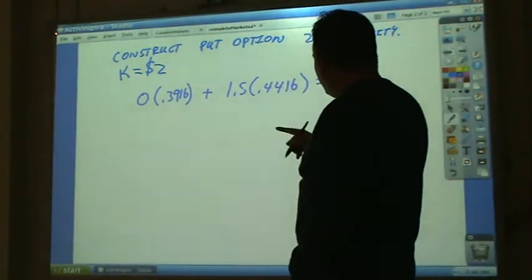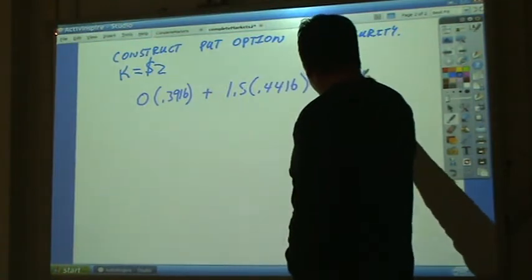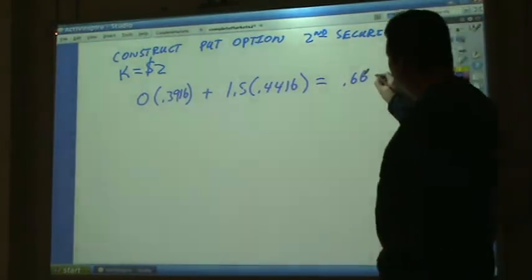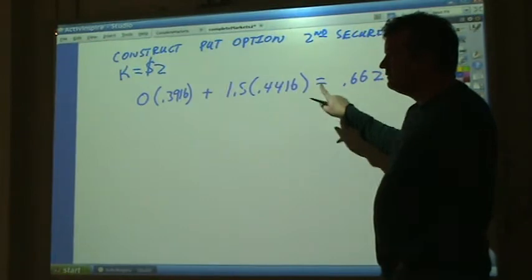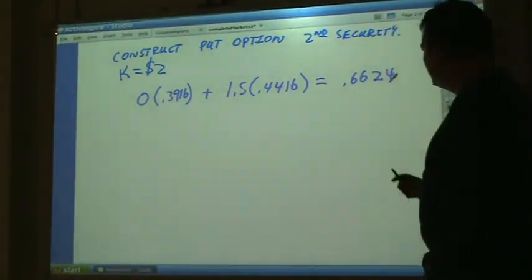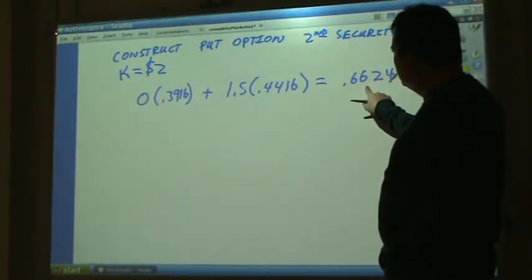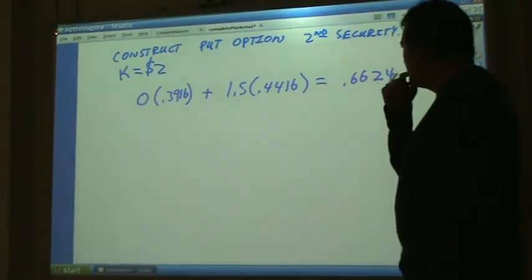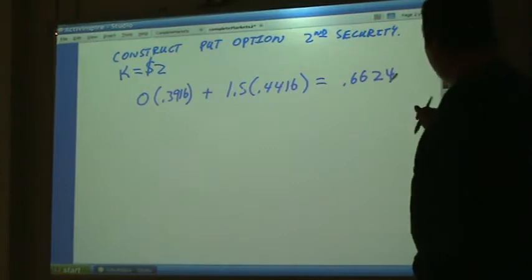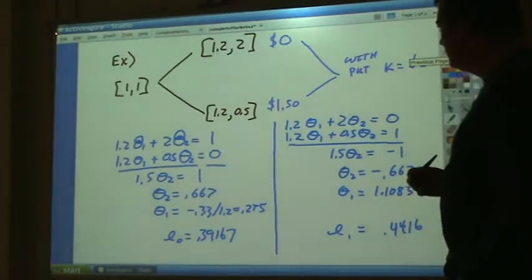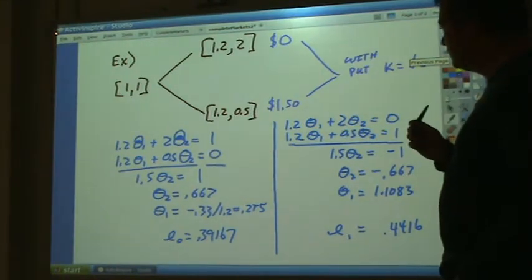This would cost us right now 0.4416 times 1.5, which is 0.6624. Right? Okay. So for 66 cents, we can replicate the put option with a strike price of $2.